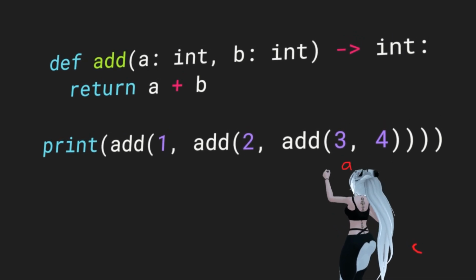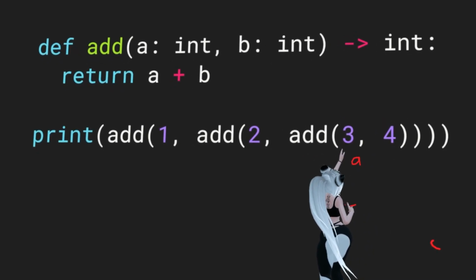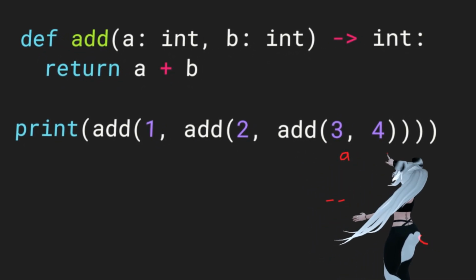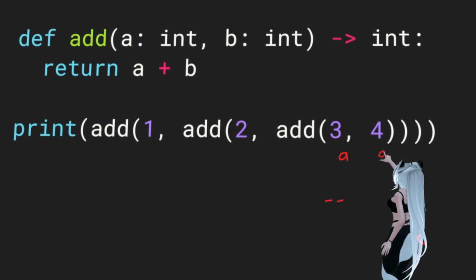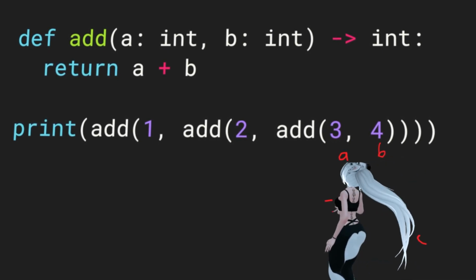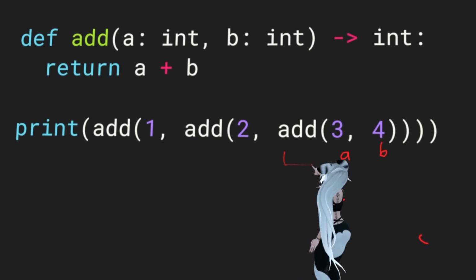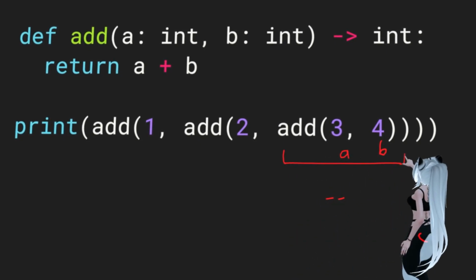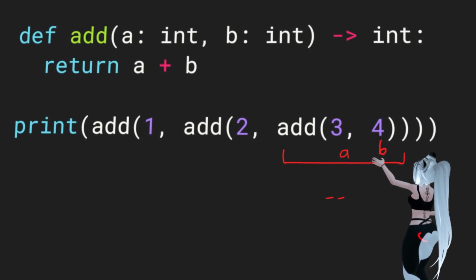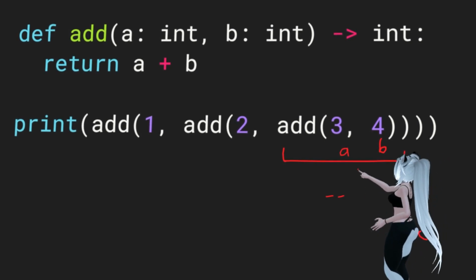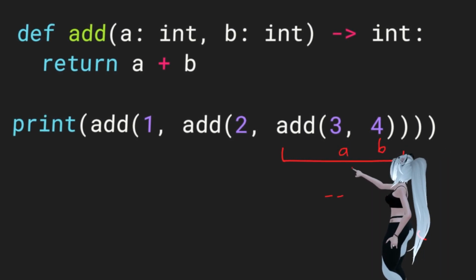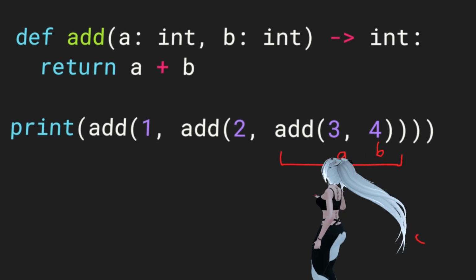The way add is being called on this last one is 3 is A and 4 is B. So this is going to return a value, and you are correct, we are adding these together. In this case, that value is going to be 7.